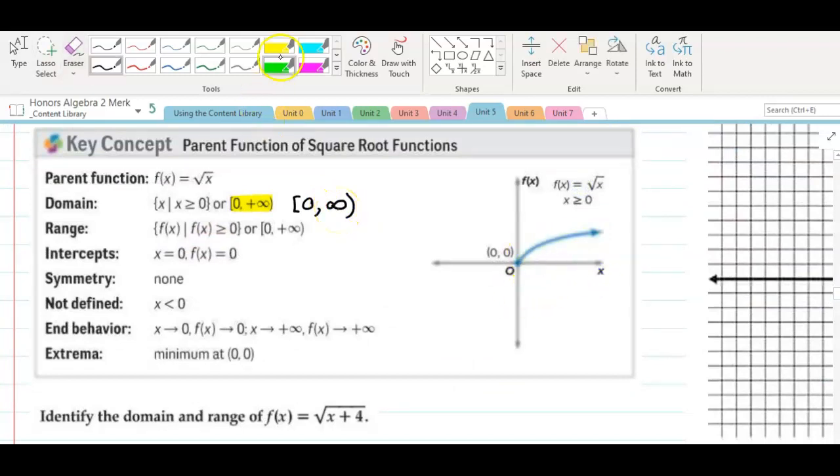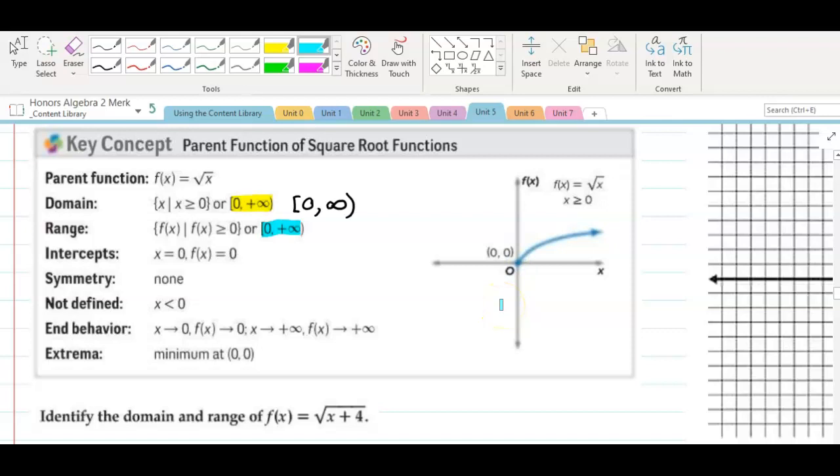When we look at the range, now we're looking at the y values up and down. So again, as I start at the bottom and go up, I don't get to my graph until here. And from here up, that's where the graph is. There is no graph down here when y is negative. So again, same thing, 0 to infinity. Intercepts: where does it cross the x-axis? Right here at 0. Where does it cross the y-axis? Right here at 0.